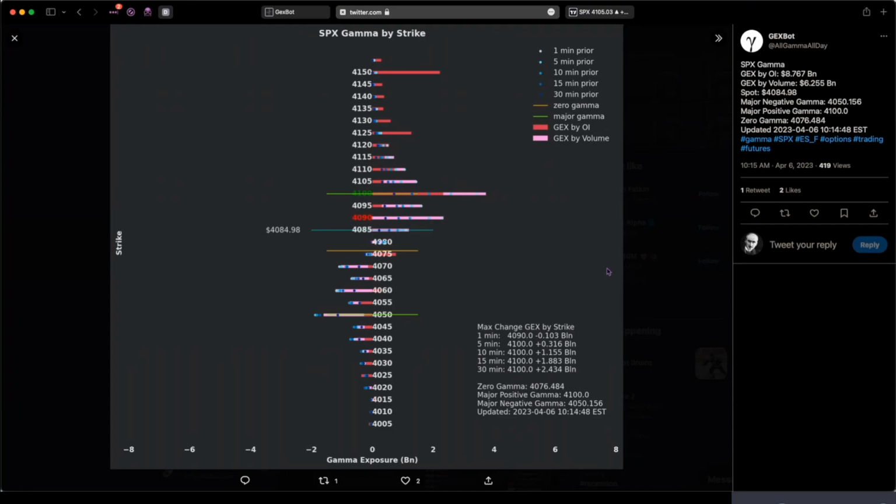Just from looking at price action, us coming down, we're kind of hitting this reversion at, I think it was 40.98. We auction up, and then the way that GEXBOT looks is typical of a balance day currently. We're hovering around zero gamma.